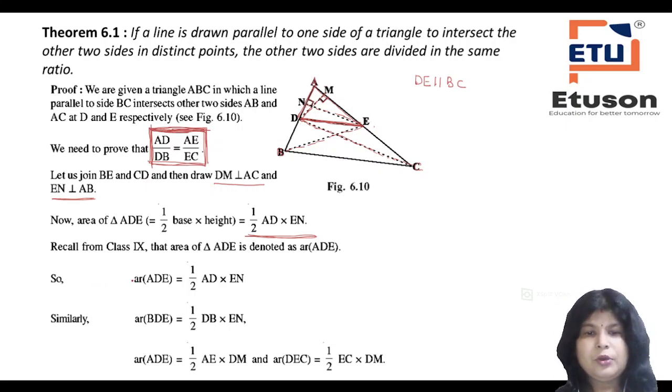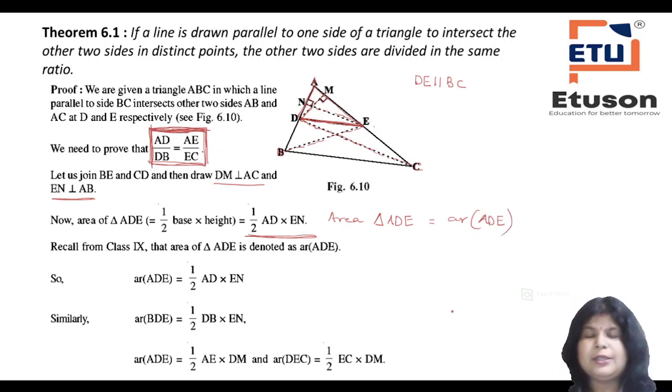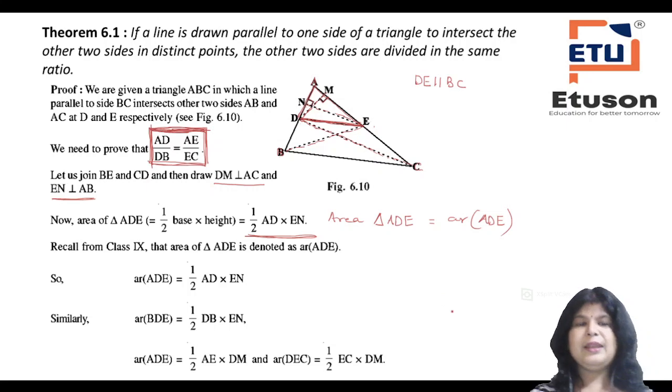So now if you remember, the area of a triangle is denoted as, suppose here ADE, in this case can be written as area ADE. Hope you remember this was taught in class 9.